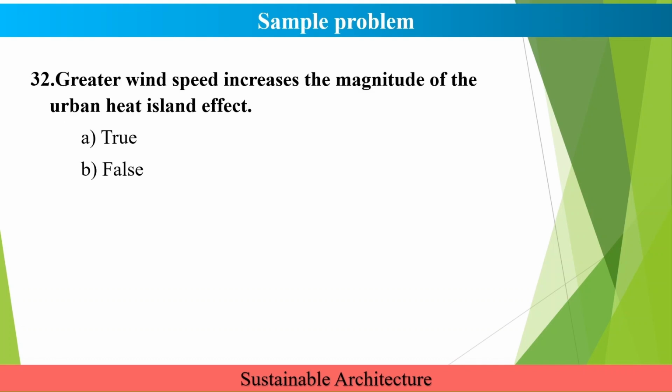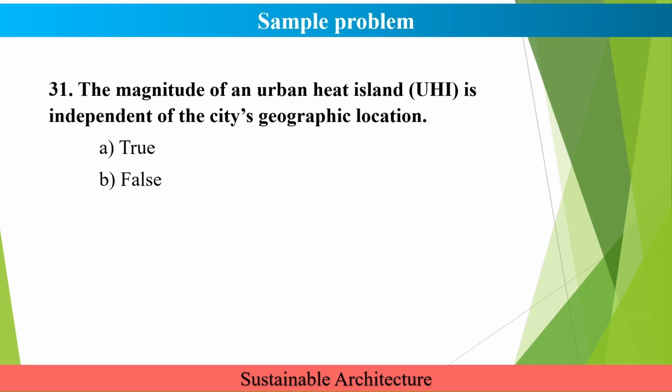Mr. Sudhir, you mean to say that with these geographical benefits, urban heat island mitigation is not necessary? I mean to say that it is dependent on geographical location or not. That is right.